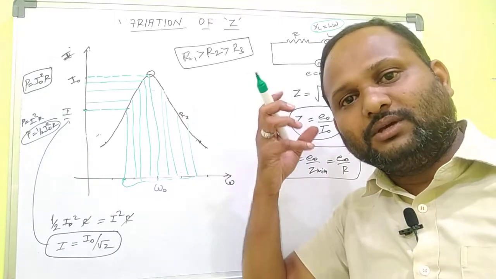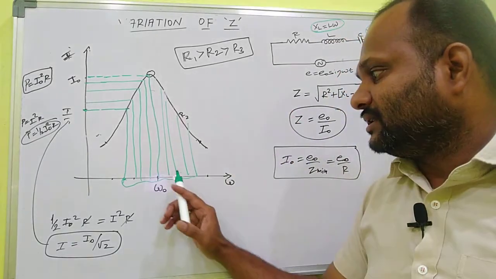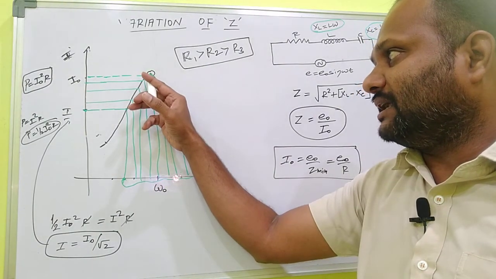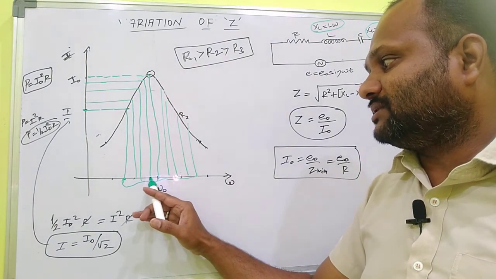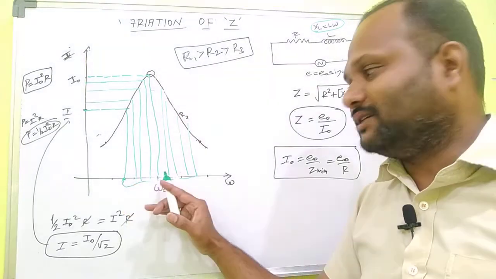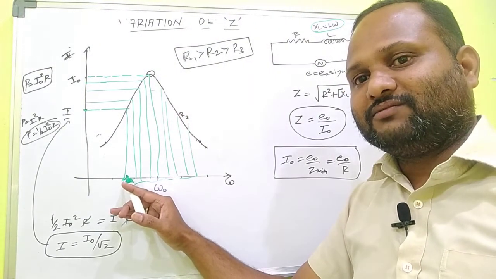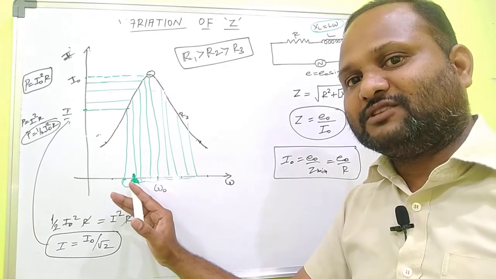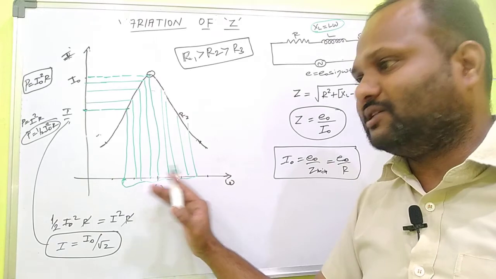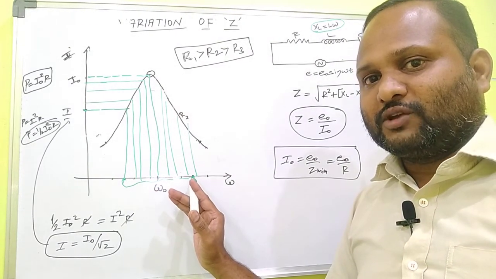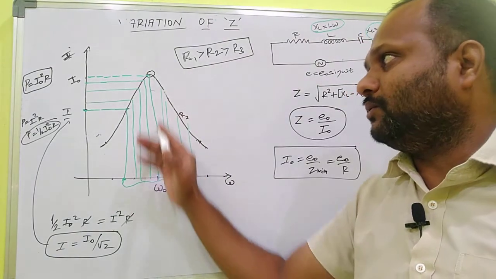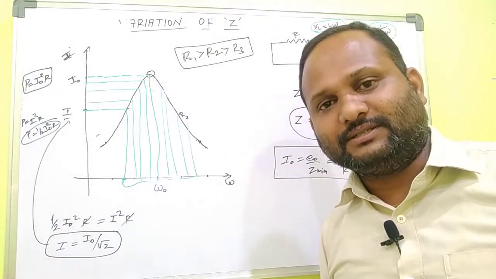But this sound is much clearer, because the current is at its peak. This sound is less, this is very, very less. So the sound goes on decreasing when we decrease or increase the applied frequency from the natural frequency. It is clearly audible only at the particular frequency.